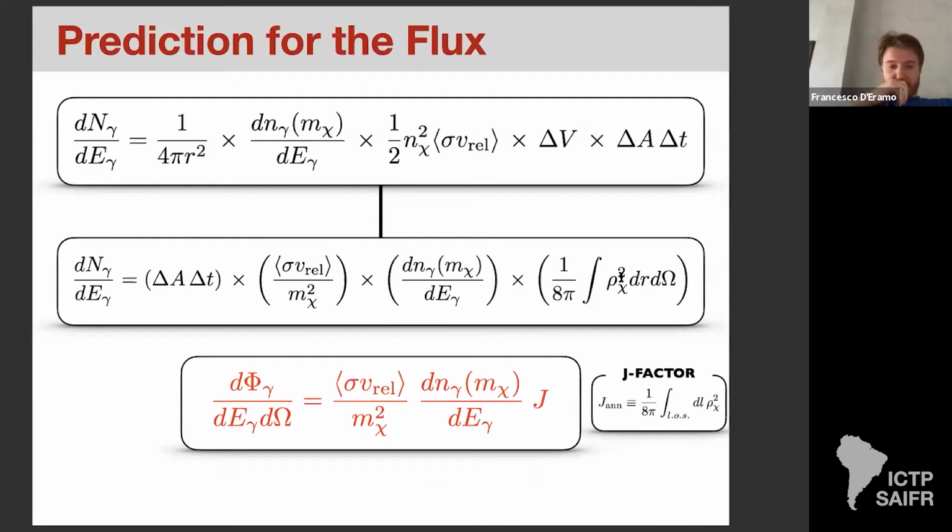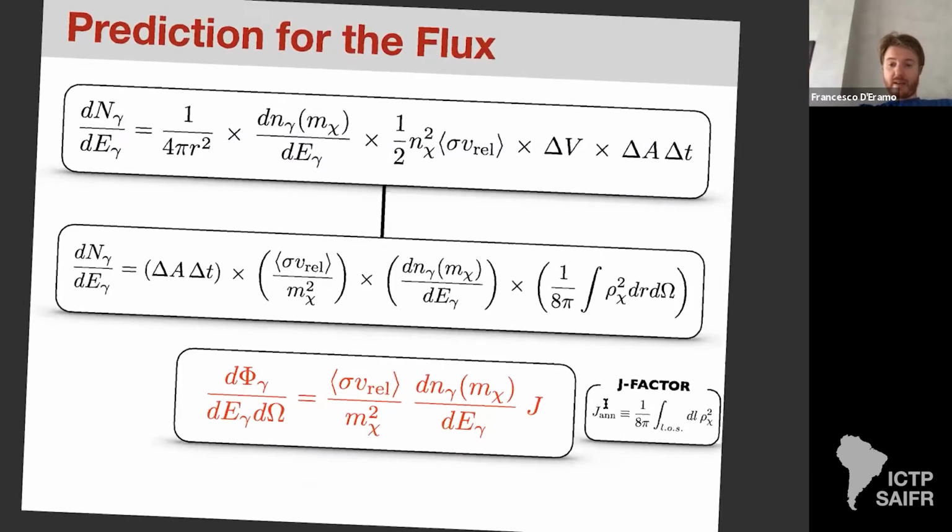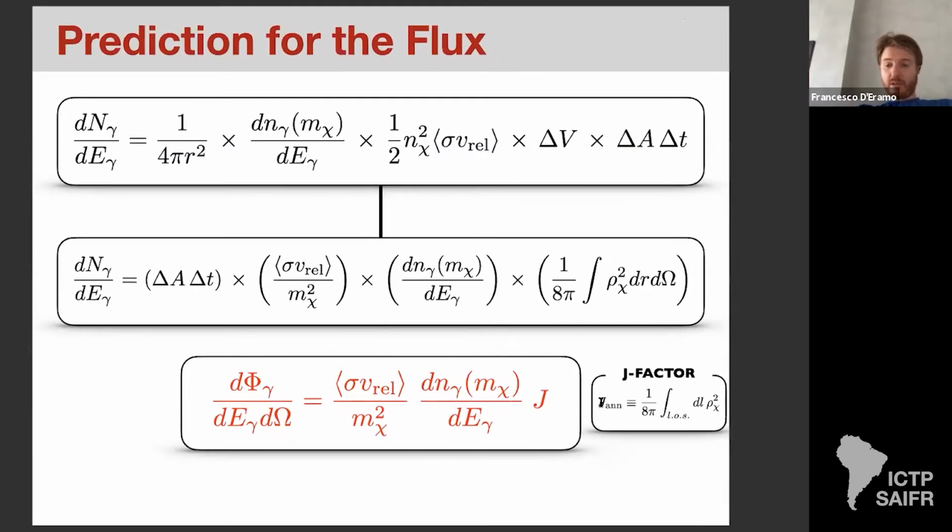So usually what is detected is the differential flux per unit energy and per unit solid angle, and it's given by this expression in red, where the astrophysics is entirely parameterized by this so-called J factor. And here I specify J_ann because it stands for annihilations. In the next slide, we will see how things change for decays. And you see that you integrate along the line of sight, okay?